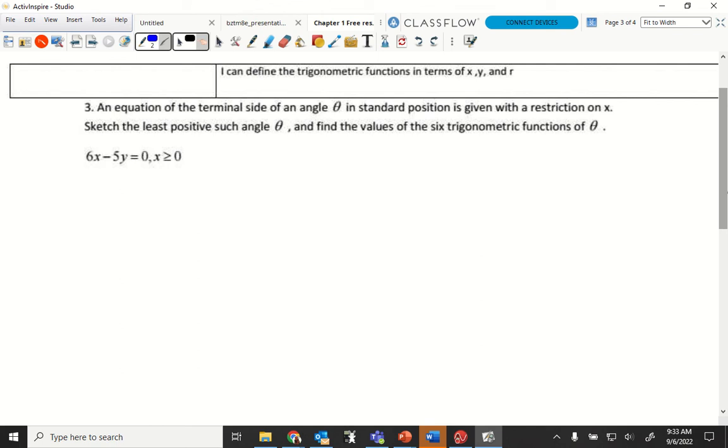What are the 3 things we need to get our 6 trigonometric functions? x, y, and r, right? So we need x, y, and r. But I have this right here. What do I do to try and make this work?